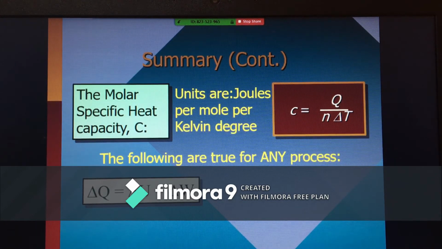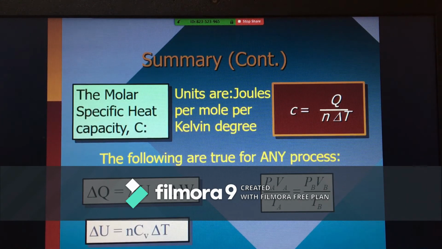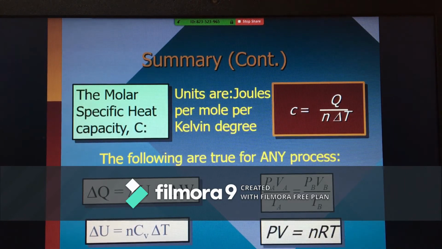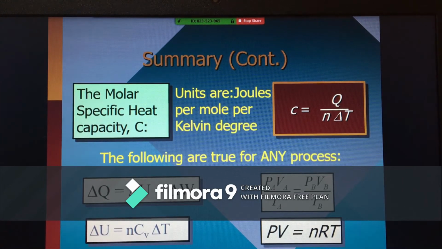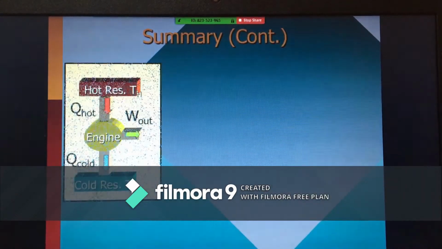So for any of the processes of thermodynamics, we can use this formula. We can use also the P_A V_A over T_A equal to P_B V_B over T_B formula. And delta U equal to n C_V delta T. And for the ideal gas, we have PV equal to nRT. So take note when you use these formulas, take note of the units. You have to be consistent.